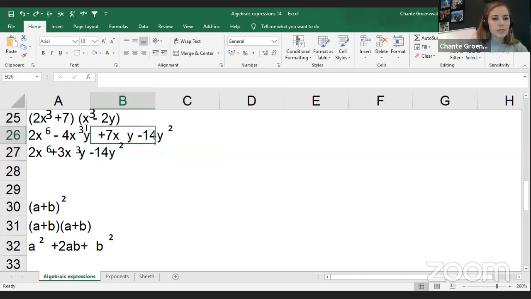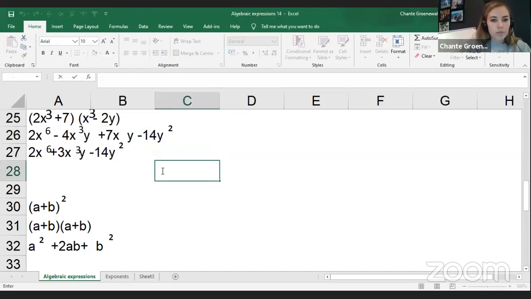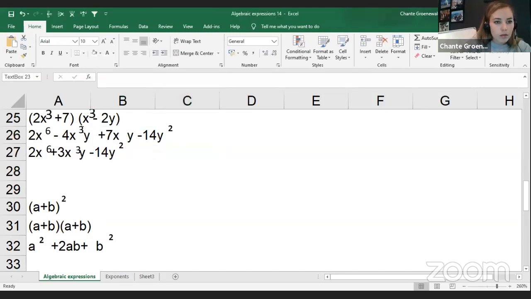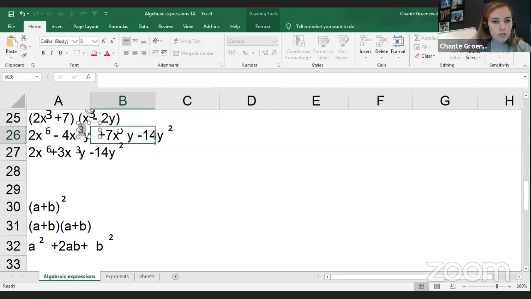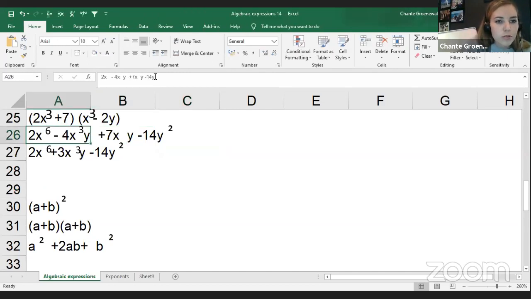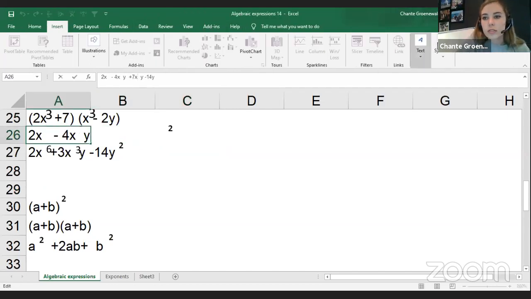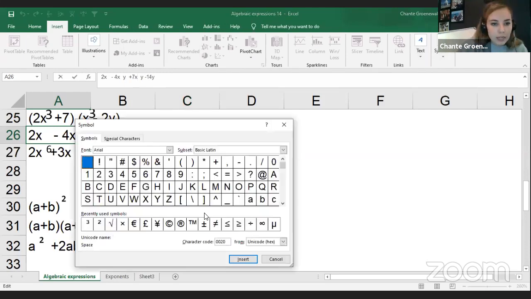I'm missing a 3 here. Let's just quickly see if I can add it for you guys. Just bear with me for a second. Sorry, guys. Let's just insert it so that it's shown correctly and everyone understands.